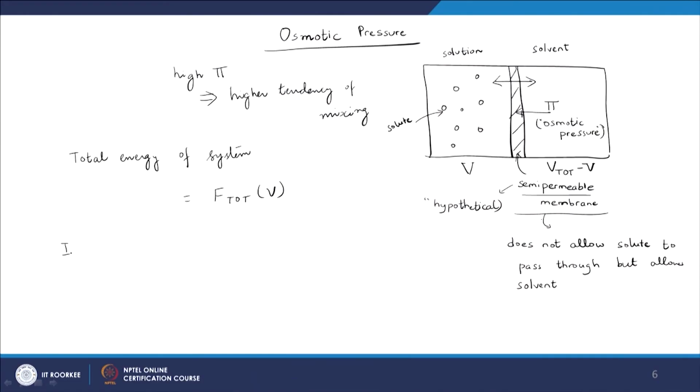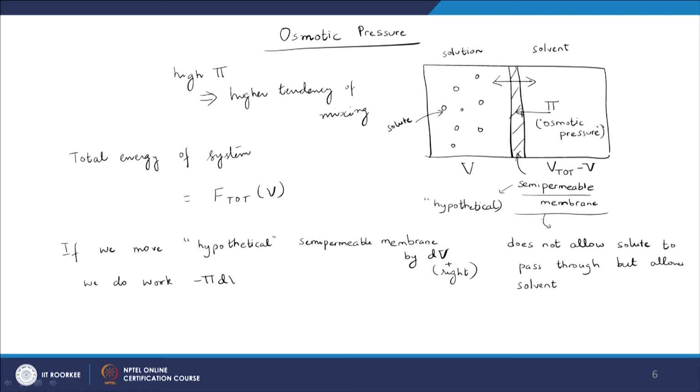So, if we move, again I am using the word hypothetical, semi permeable membrane by dV, that is dV to the right, positive to the right, then we do the work minus pi dV on the system, just because they are in opposite direction.